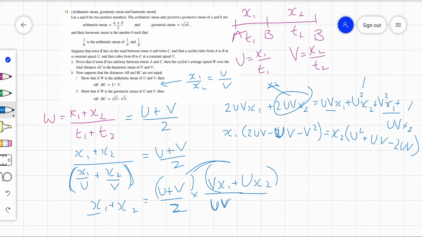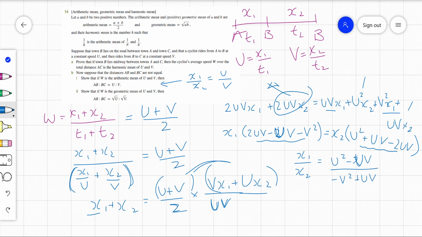So now what I can do is keep that x1 but divide by the x2 from the other side. And I'm just going to simplify this, which would be u squared minus uv. And then simplify this and divide it. So this is going to be minus v squared plus uv.